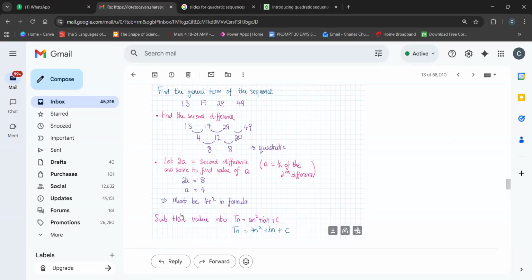Okay. So I see why it will not give us three equations. I see how that comes about now. So the A is half of the second difference.